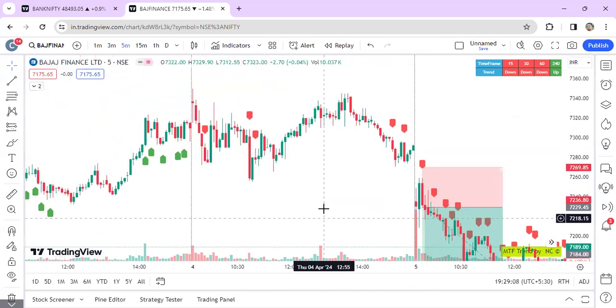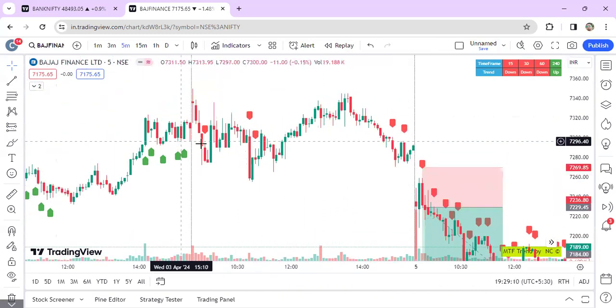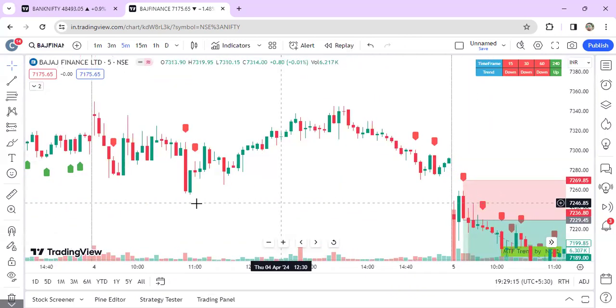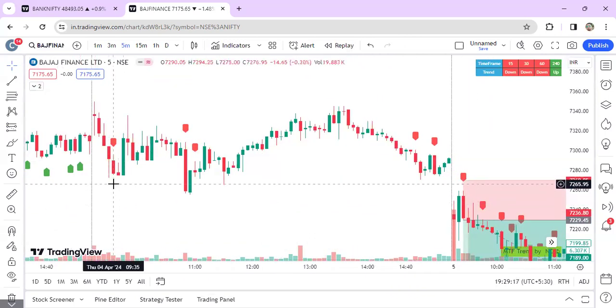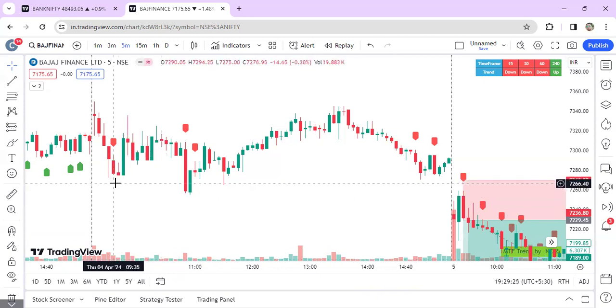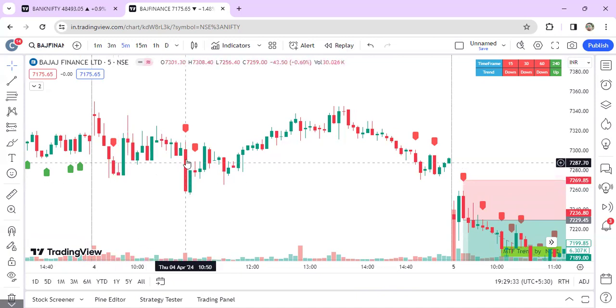Okay, now the previous day there is one SL hit. The low is 7275. See this level. This is not breaching this particular candle's low, right? So we'll not be entering this particular trade. So we are saved from here. And now again, here we are getting a sell signal.